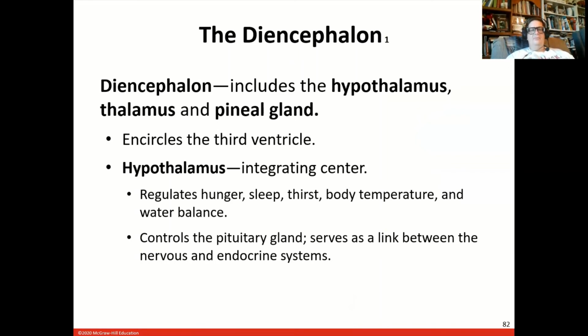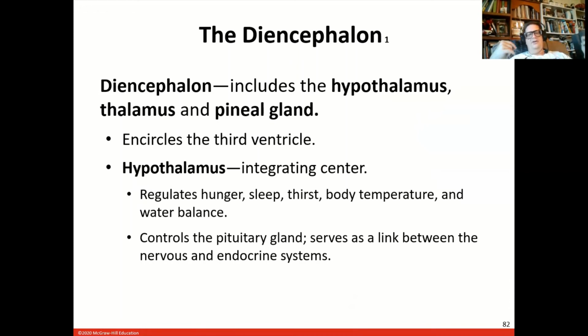Anyway, the hypothalamus is another integrating center. This is the area that regulates sleep, hunger, body temperature, water balance, and it controls the pituitary gland, and it's a link between the nervous system and the endocrine system. Basically, the pituitary gland, you've probably heard people call the master gland.